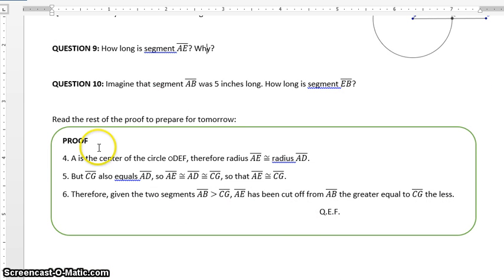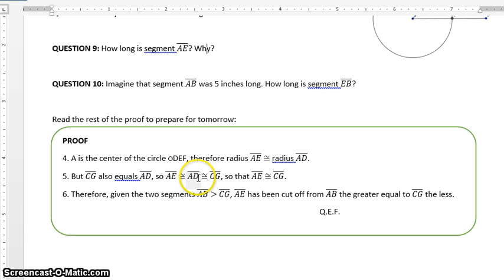The rest of the homework is to read these 4 lines as preparation for tomorrow. A is the center of circle CDF. A is the center of circle DEF. Therefore, the radius AE is congruent to radius AD. 5. But CG also equals AD because of what we did in step 1 of the construction.